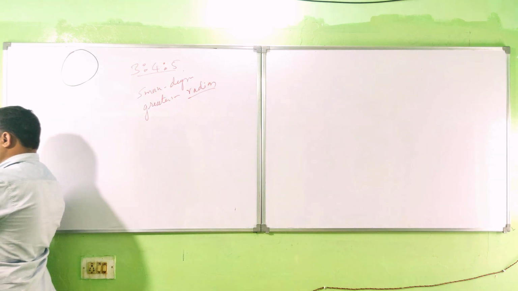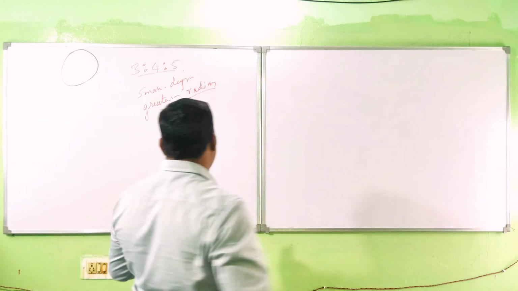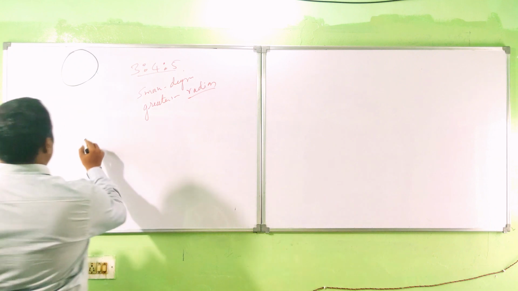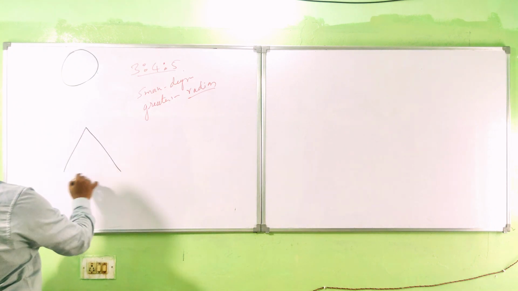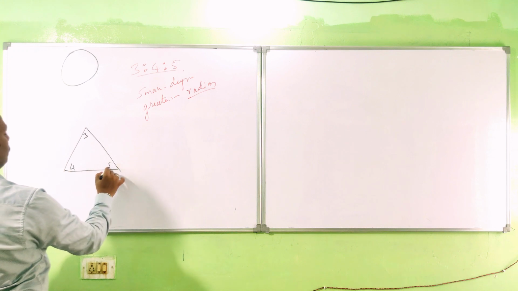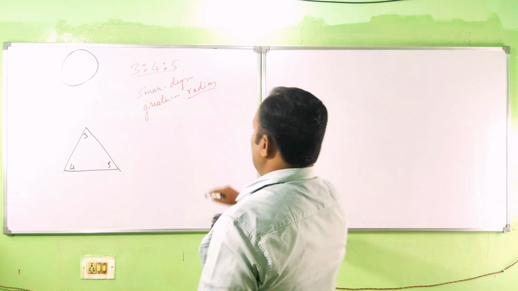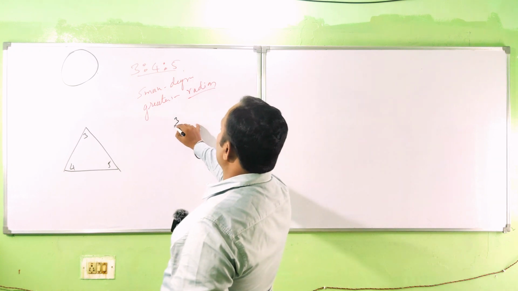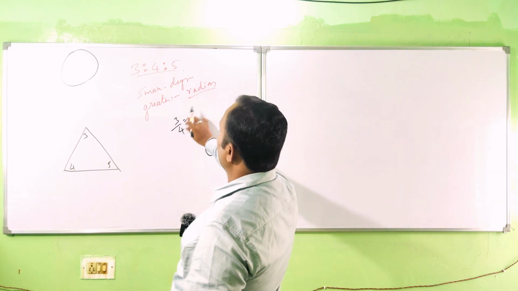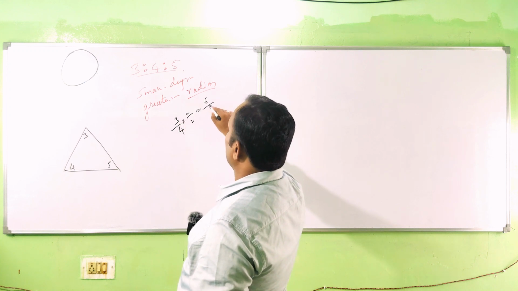The basic question is about a triangle. The angles are in the ratio 3:4:5. What is a ratio? If you write 3 by 4 and multiply by the same number, 2 by 2, this becomes 6 by 8.